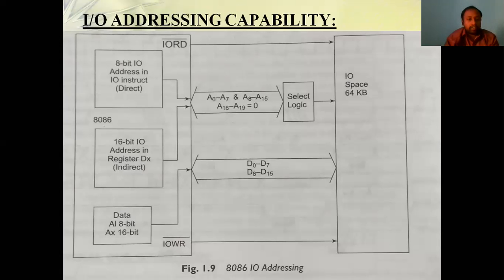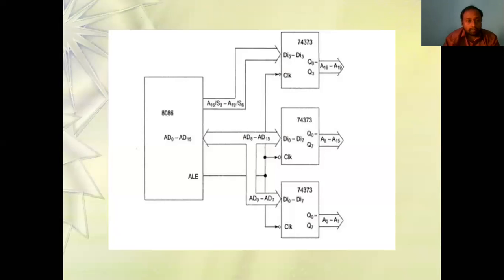In depth, we are going with the input output operation, how the operation blocks will be there. Coming to the minimum mode and maximum mode, generally we are not directly going with the processor interface. Before the microprocessor interacts with memory or IO peripherals, the signals should be sent to latches. The 74373 is a latch where the total 20-bit address is divided into 8 bits, 8 bits, and 4 bits.